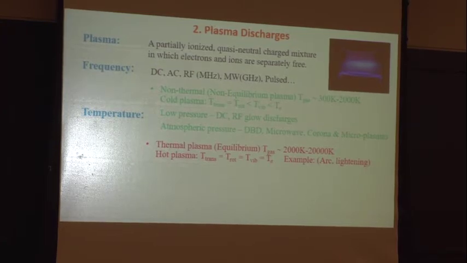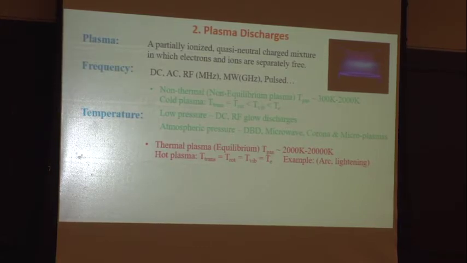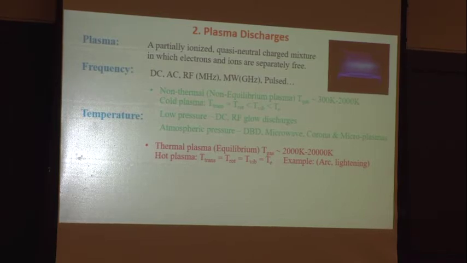Everything has a Boltzmann distribution, not exactly the same, but on average, they're almost the same. So every energy mode is in equilibrium due to intense collisional energy transfer, right? So this we call a thermal plasma. For example, arc, lightning, and spark plug.